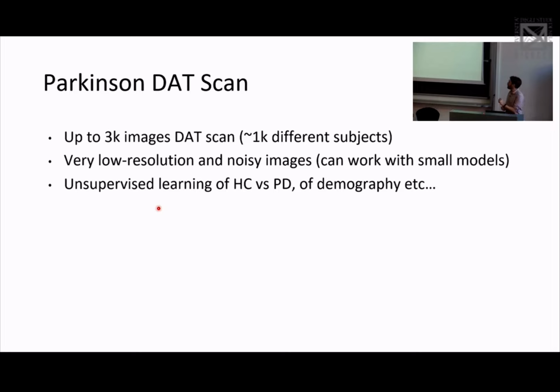I suggest you do some unsupervised classification of healthy controls versus Parkinson's disease. And given that the dopamine receptors in the brain of healthy controls follow a linear degeneration over time, you can also try to see some demographic properties in healthy subjects.